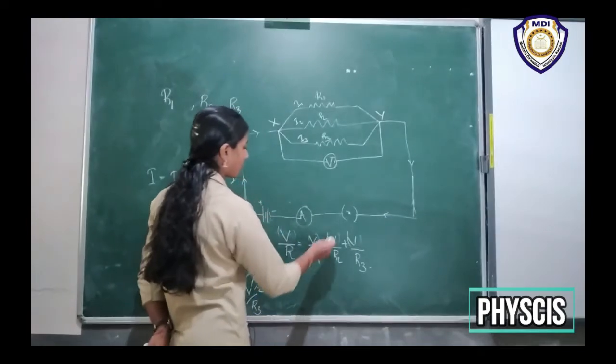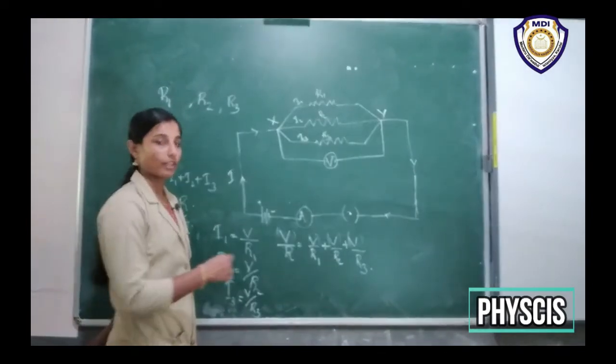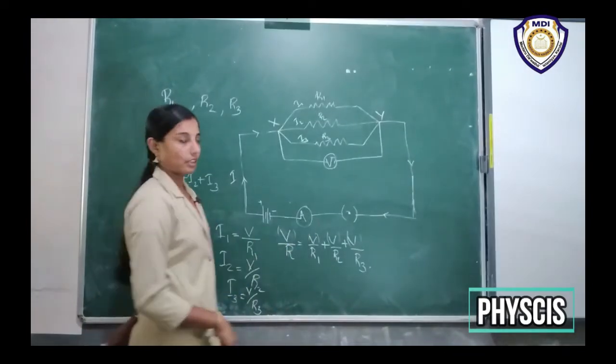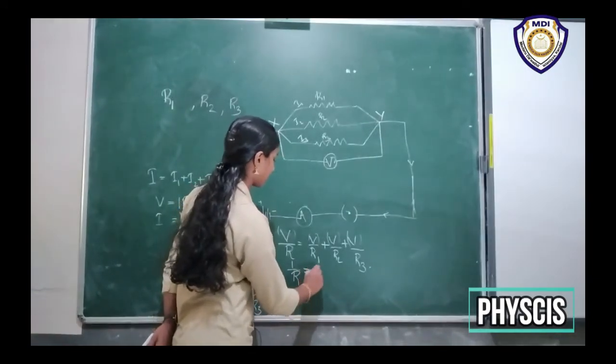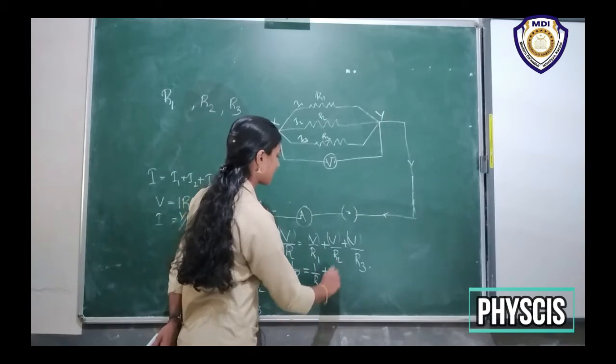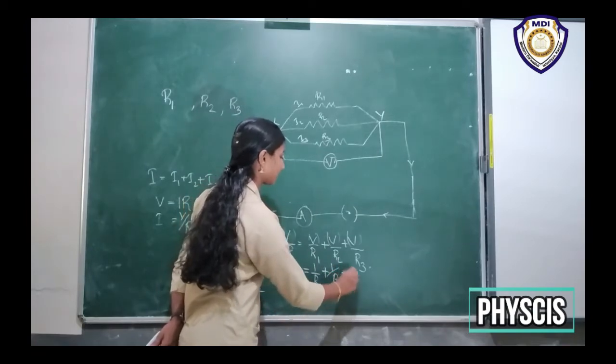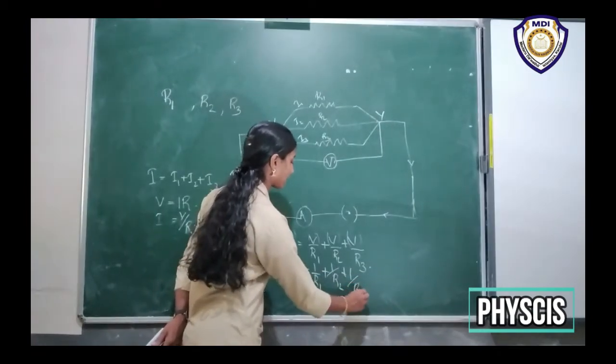Everywhere, right? So we can cancel V from this equation, and then we get 1 by R is equal to 1 by R1 plus 1 by R2 plus 1 by R3.